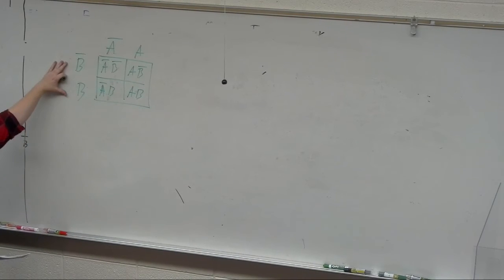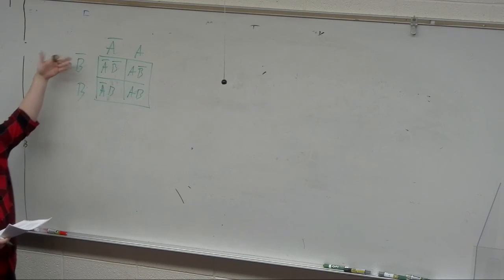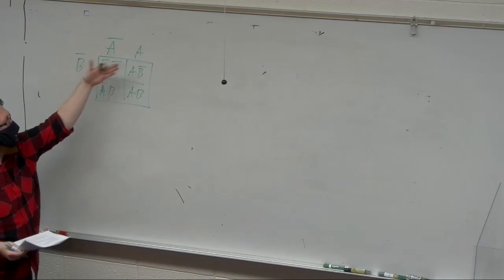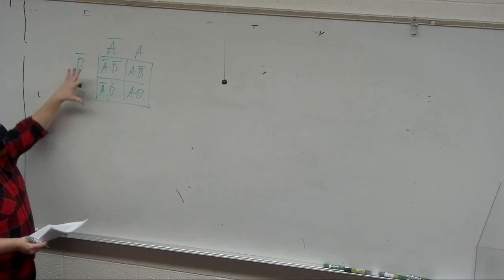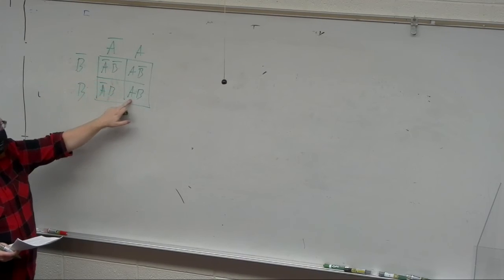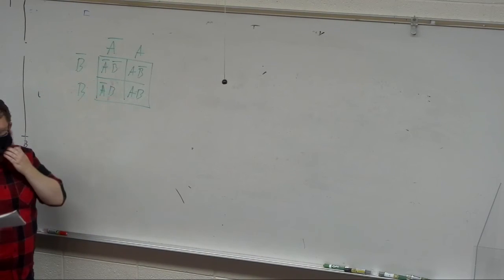So this is where the map starts. This is the most simple form of it: I have two inputs, A, and it's either not A or A, and not B or B. And in the map, this term is not A, not B, and over here we have A, B, right?